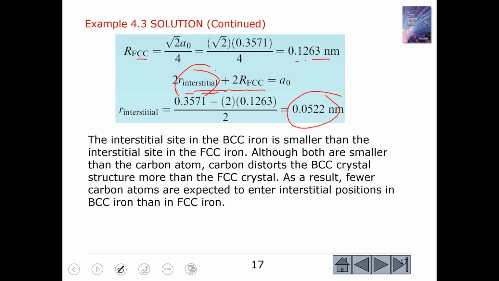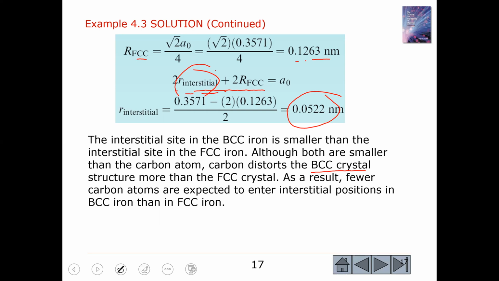So the interstitial site in BCC iron is smaller than the interstitial site in FCC iron. Although both are smaller than the carbon atom, carbon distorts the BCC crystal structure more than the FCC structure. Why? Because the space in the BCC structure is smaller and the carbon atom is comparatively bigger than that space.